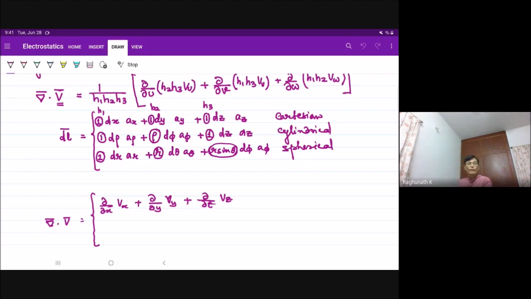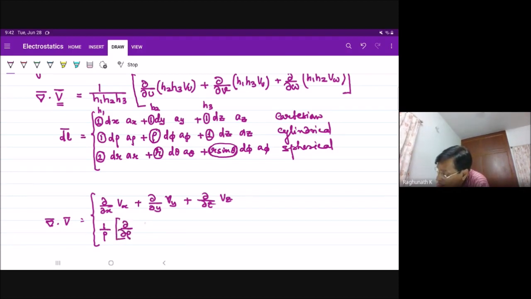Next, in cylindrical, dou by dou rho of V rho plus, sorry. What is 1 by H1 H2 H3? 1 by rho. Please check it. 1 by rho outside.